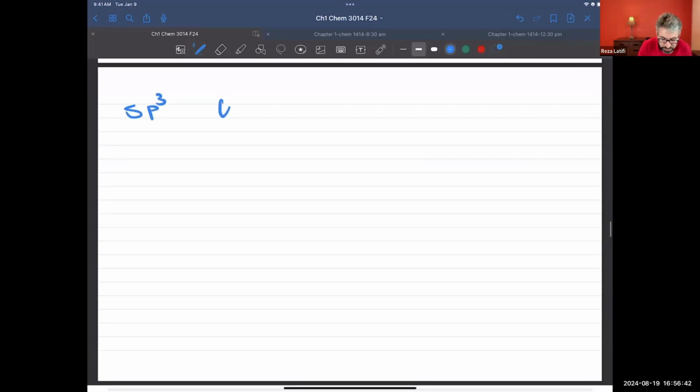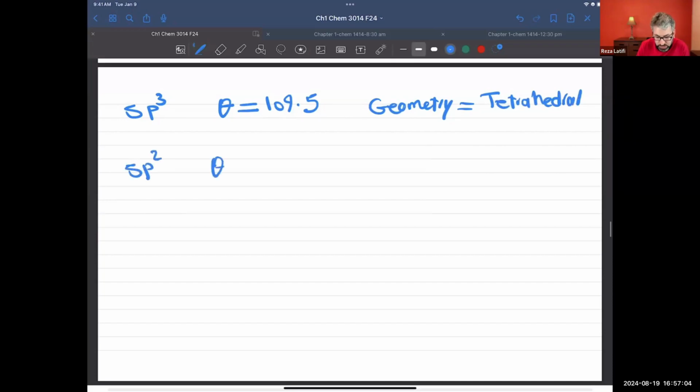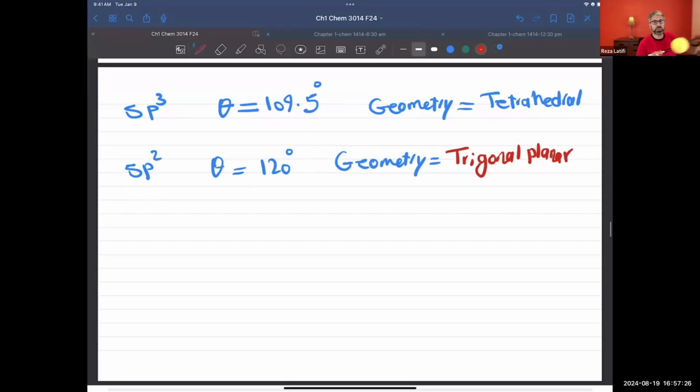So if I want to summarize them in a really short version: sp3 has an expected bond angle of 109.5, and the geometry we expect is tetrahedral. sp2 bond angle is expected to be around 120 degrees, and the geometry is expected to be trigonal planar. I'm talking about this geometry.